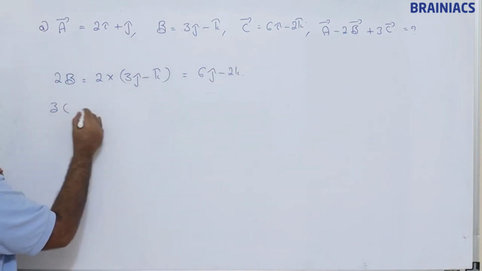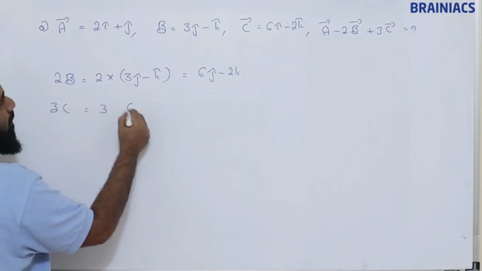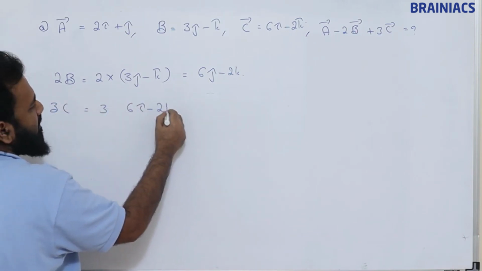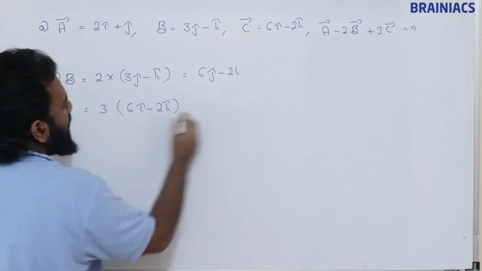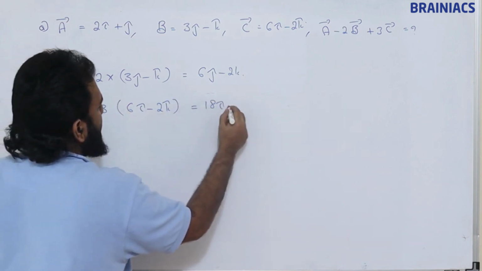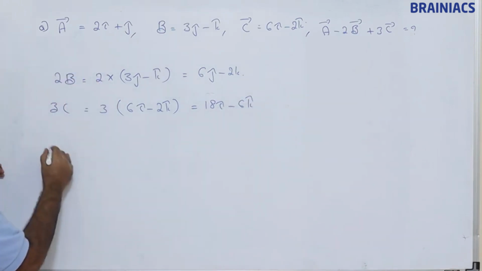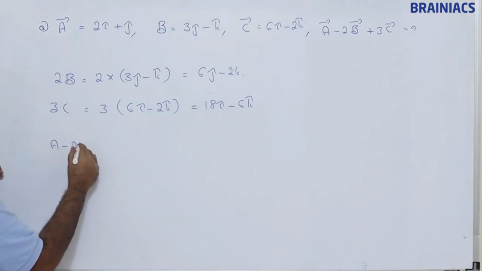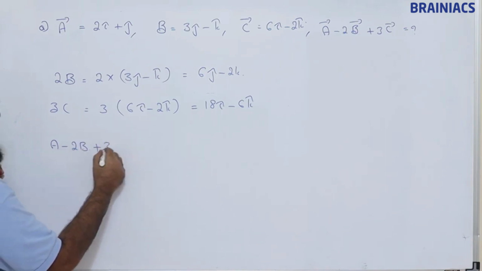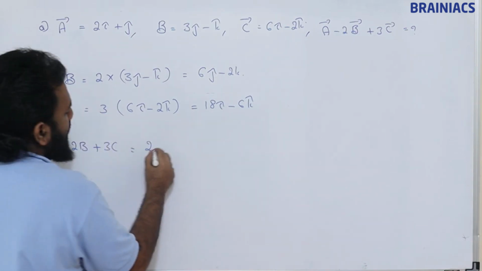What about 3c? 3 into (6i minus 2k), so 18i minus 6k.